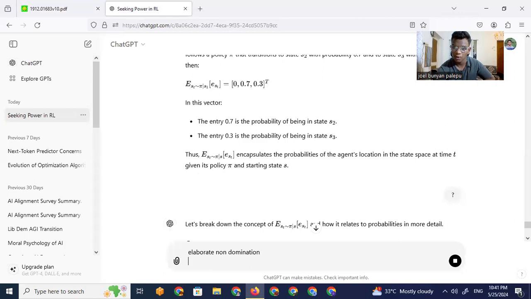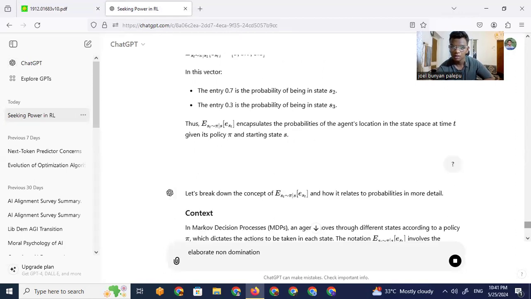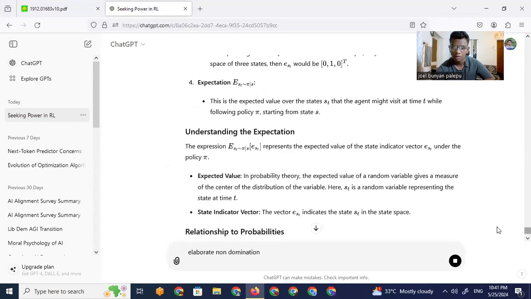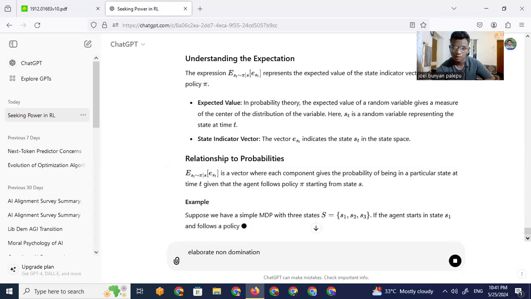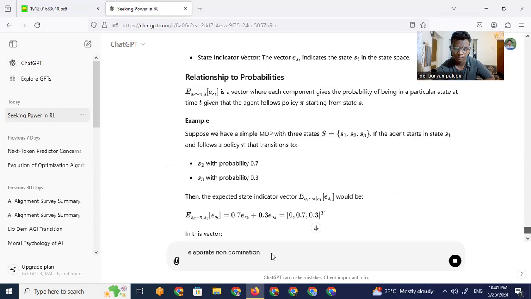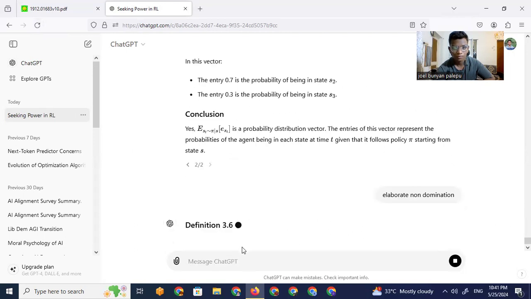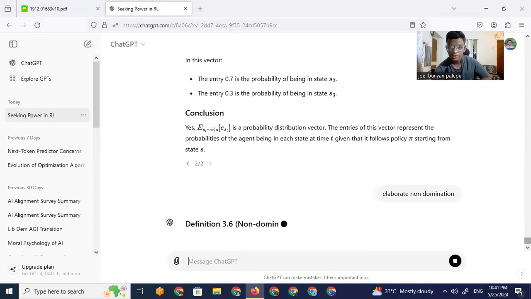Let's just go through this one topic. Okay, so we have definition 3.6, non-domination.